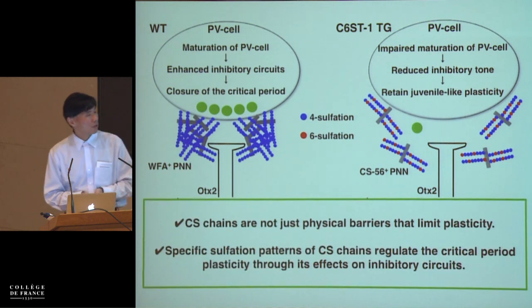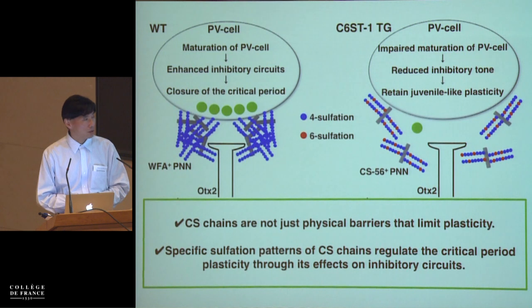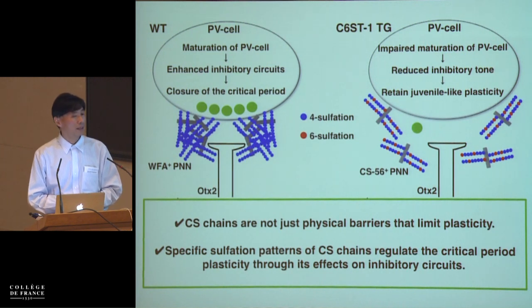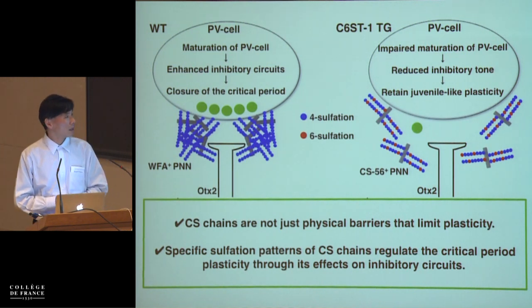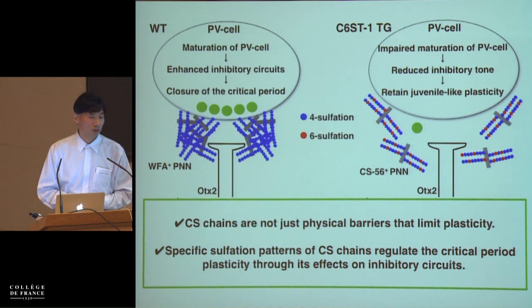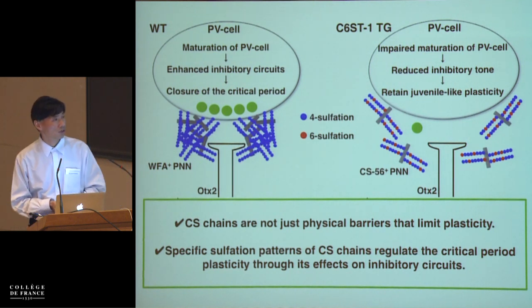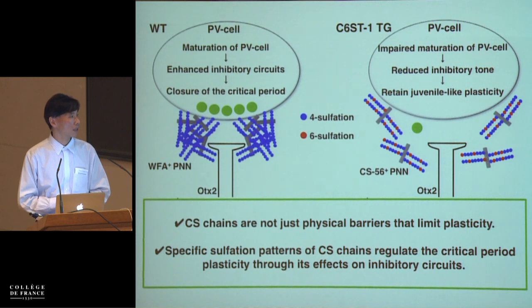Therefore, chondroitin sulfate chains are not just physical barriers that limit plasticity; specific sulfation patterns of chondroitin sulfate chains regulate critical period plasticity through their effect on inhibitory circuits.